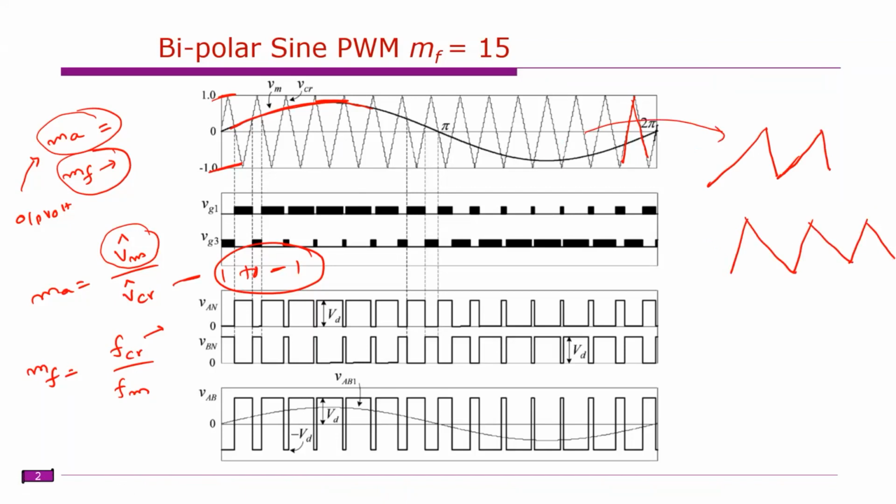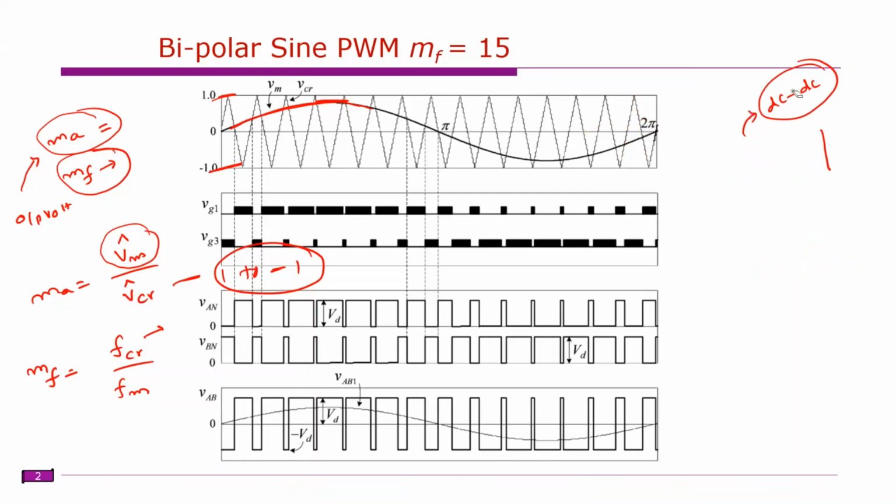Usually sawtooth carriers are used in generating firing signals for DC-DC converters in closed loop, but triangle carriers are normally used in inverter circuits. In almost all cases, we use a triangle signal as the carrier.